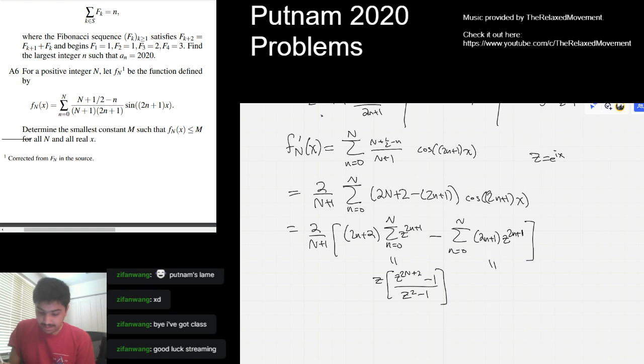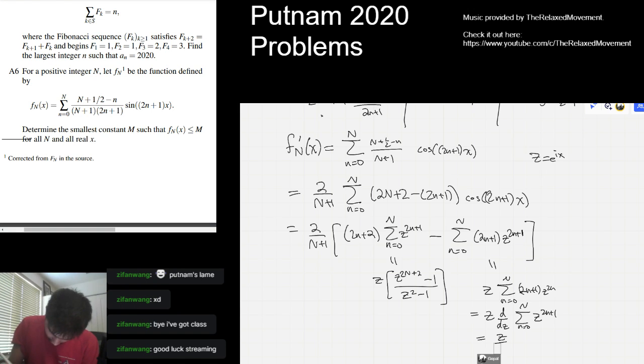And this is equal to z times the sum n equals 0 to n of 2n plus 1 z to the 2n, which is equal to z times the derivative of what we had before.